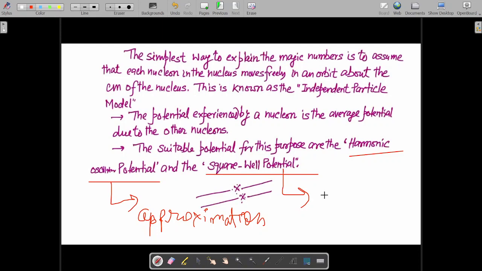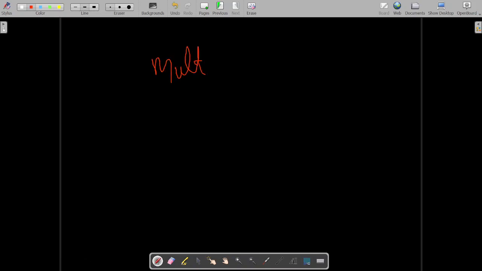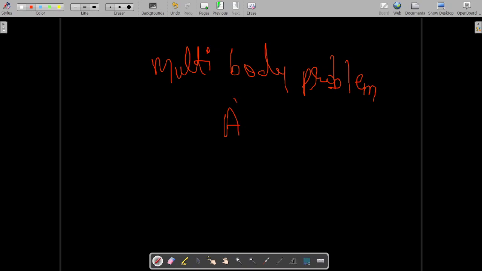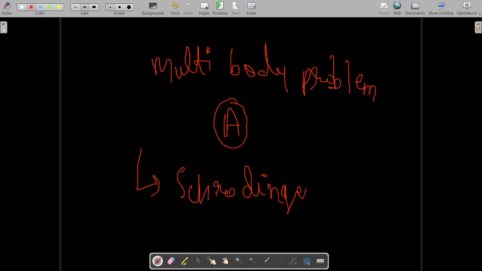That multi-body problem is very difficult to solve. The solution of the Schrödinger wave equation is very tedious.